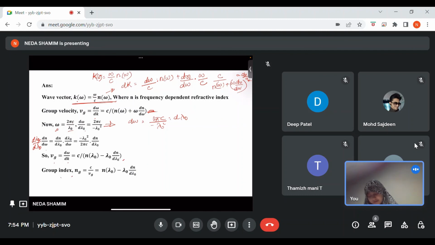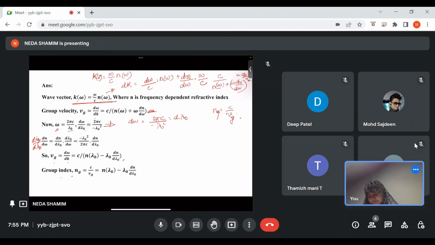So your group index, now Ng, will be given by c by Vg, that is the group velocity. So we know that n is equal to c by v. We need to know the group index of this. So Ng will be equivalent to c by Vg. Okay, so that is equal to n of lambda 0.